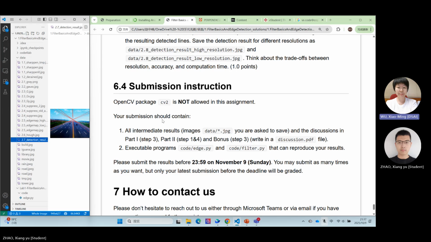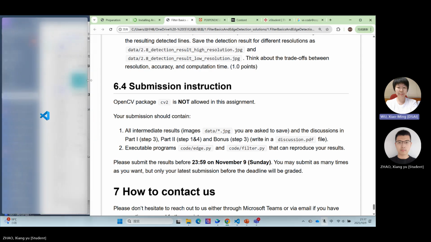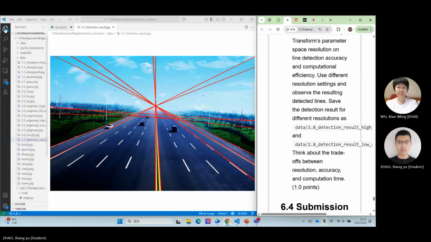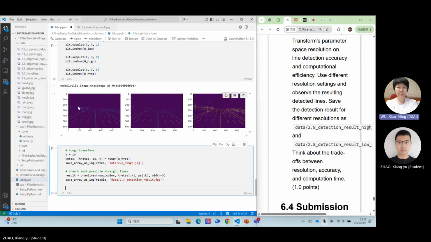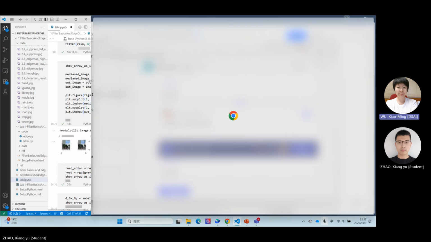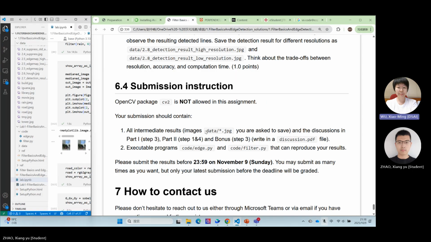And your submission should contain all intermediate results, such as Jupyter notebook results just like this. You can save every intermediate result like this, or you can save the results to a folder named data folder.